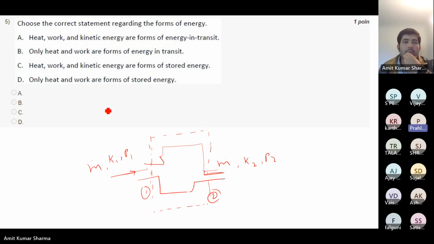In transit means they can be transferred, like heat energy can be transferred or converted into work, and simultaneously work can be converted or transferred in terms of heat energy. For example, if I am standing on a mountain, I have a certain amount of potential energy. Now if I slide down the mountain, that is converted into kinetic energy.